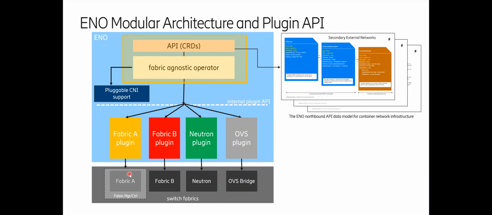But in the case of bare metal, if I take the example of this fabric A, you have the southbound interface from ENO using the fabric plugin, which then has a direct interface with the fabric to configure those networks as the underlay. So basically it's a Kubernetes primitive where I can define the VLAN and the subnet, and that's going to configure it on fabric A, B, whatever it is. Right. And it's also going to create network attachment definitions and everything like that.